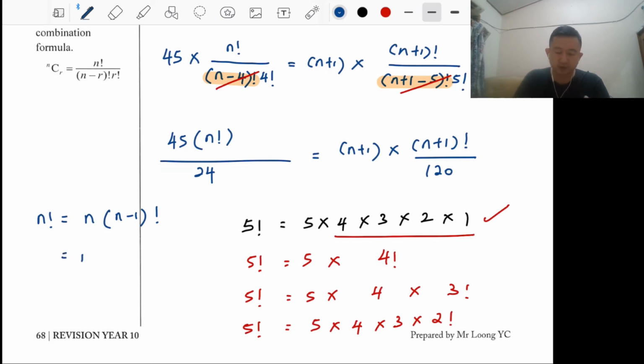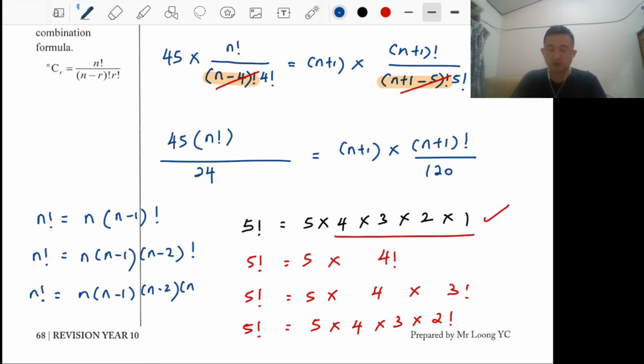If you don't want to stop, you write n multiplied by n minus 1, minus 1 again, which will be n minus 2. If you want to stop, you put a factorial. You can also go on: n, n minus 1, n minus 2, and if you don't want to stop, n minus 3 factorial. It depends how you want to change it.